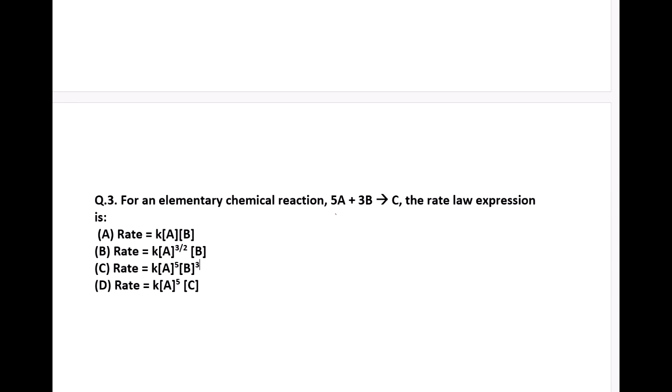If it were a normal reaction, not an elementary reaction, we couldn't say what the order is. But as this is an elementary chemical reaction, the order equals the molecularity. Rate equals rate constant times concentration of A to the power 5 times concentration of B to the power 3. Let's see which option has A to the power 5 and B to the power 3. Option C will be correct.